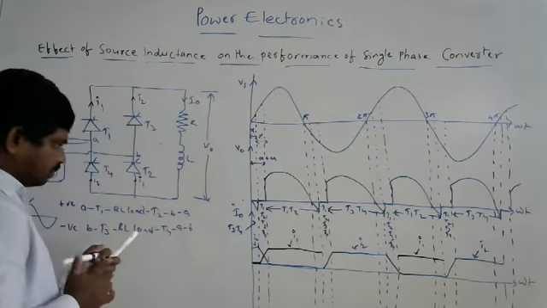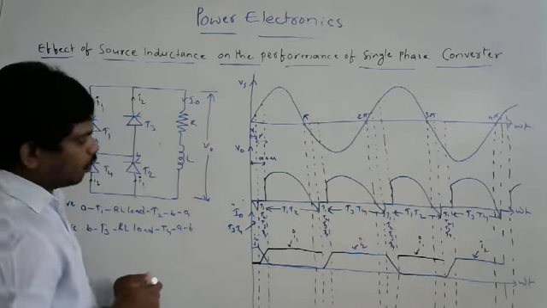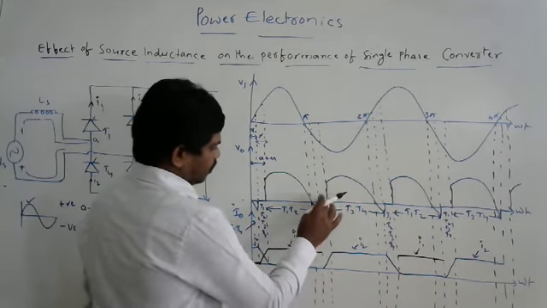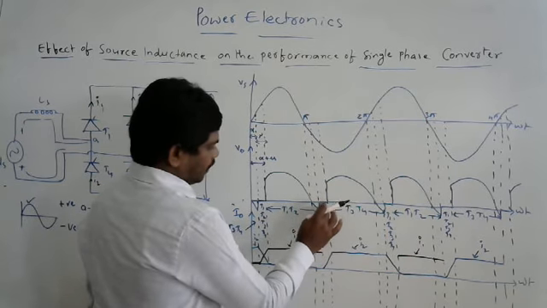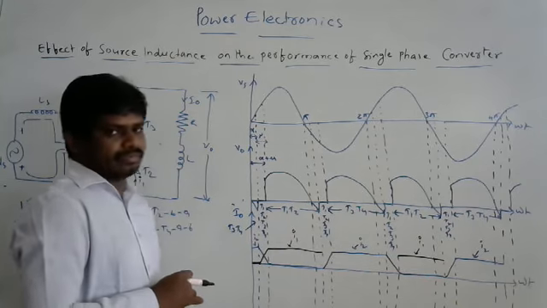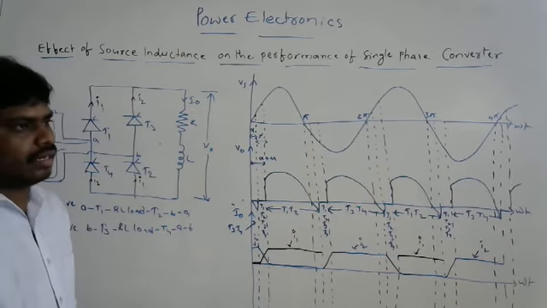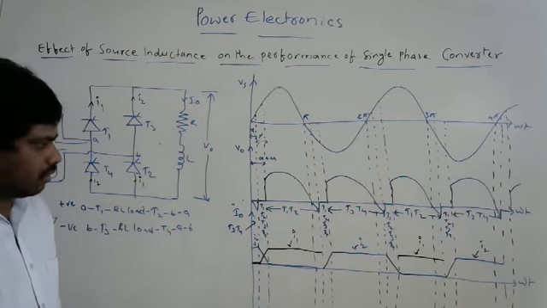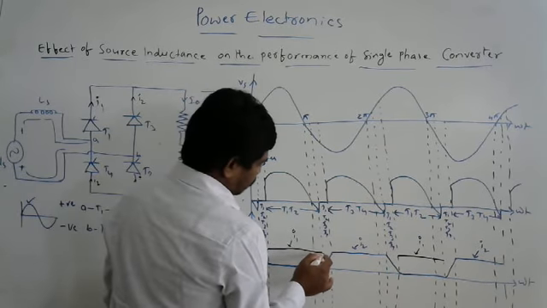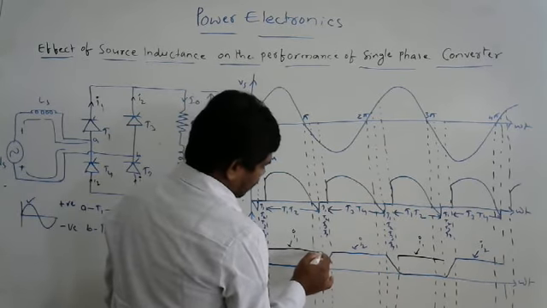Then what about the current through T1 and T2? So far we got the current through T1 and T2. At this point, T1, T2 are the outgoing thyristors and T3, T4 are the incoming thyristors. The current flowing through T1, T2 is I1, which is trying to become 0 up to this point.